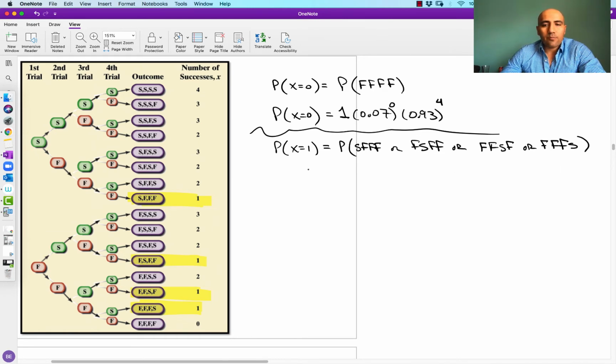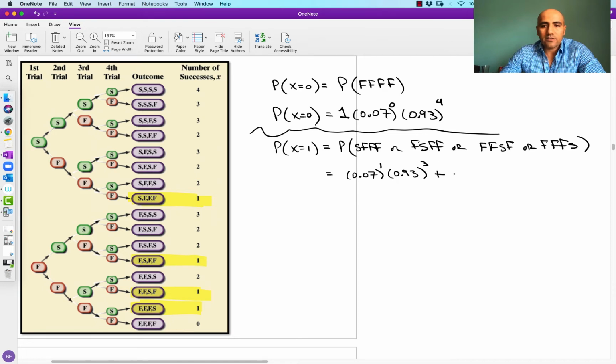We see from our previous patterns that these 4 cases are going to be identical. Each one of them is going to represent 1 copy of a success and 3 copies of failure. So this is going to be equivalent to 0.07 to the power of 1 times 0.93 to the power of 3. And that would be this one right here.